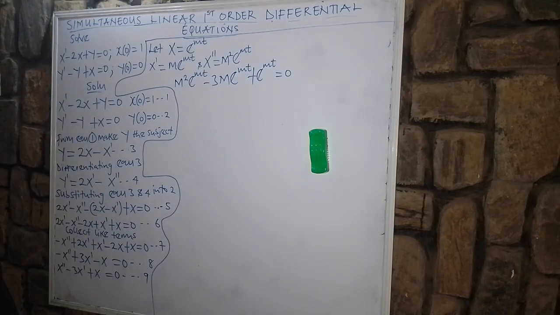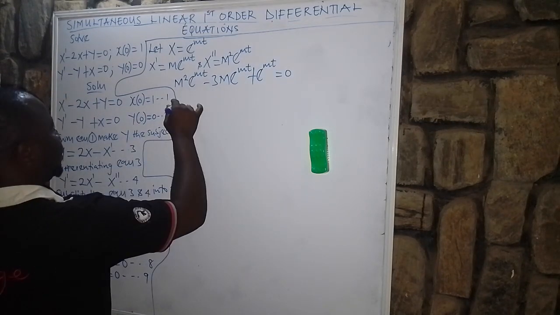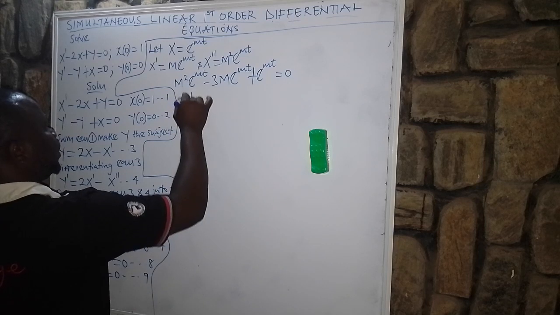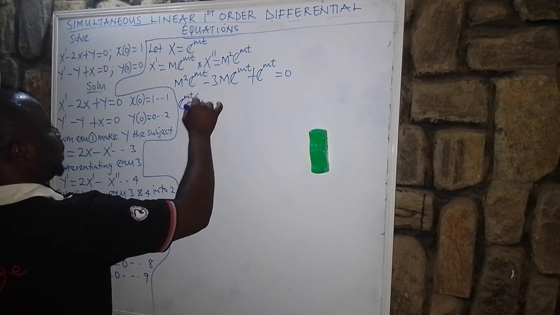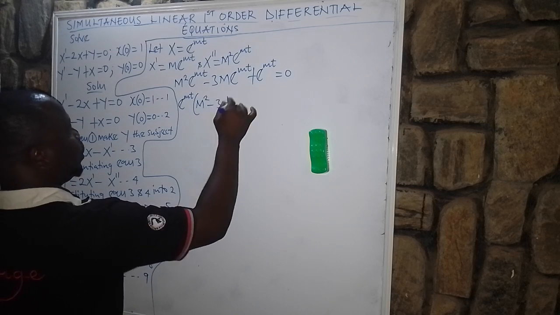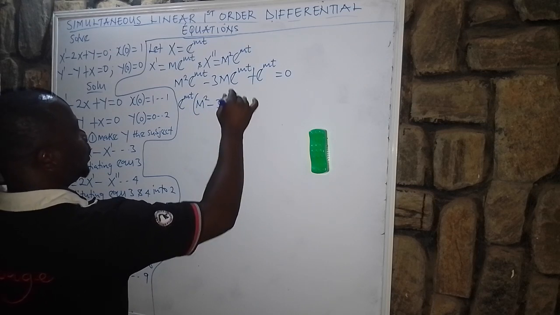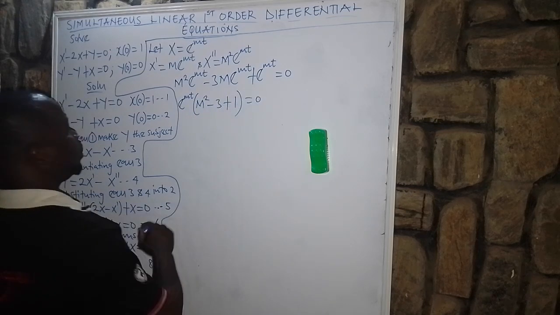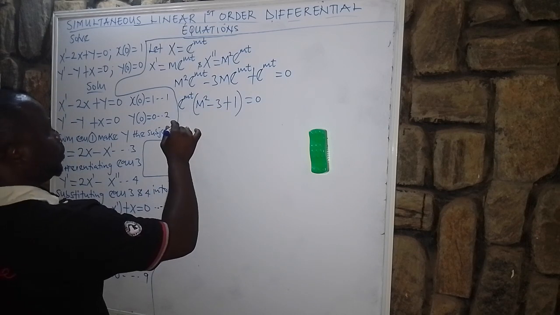True or false? What is common? Exponential mt, open bracket, m squared minus 3m plus 1, close bracket, equals 0. So far so good.